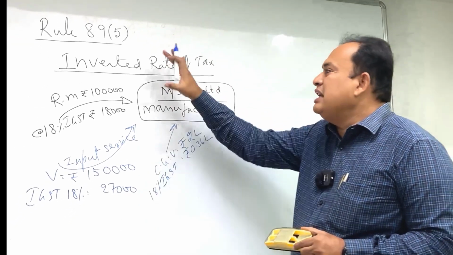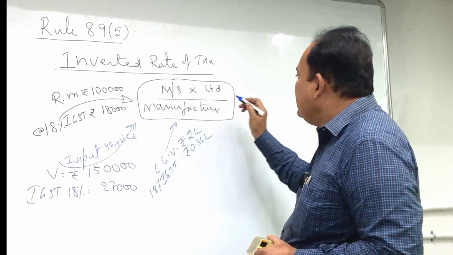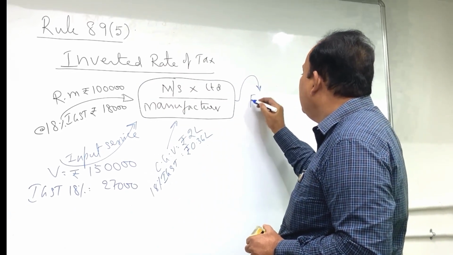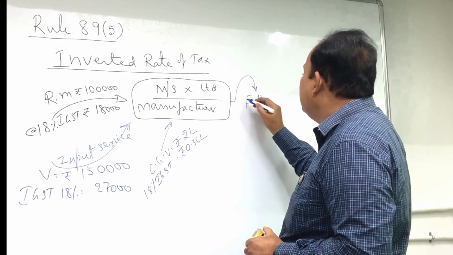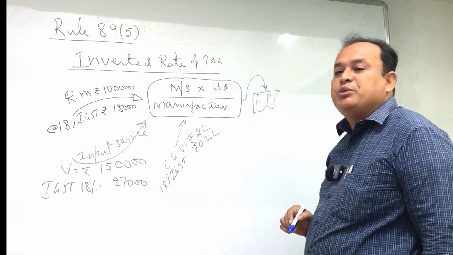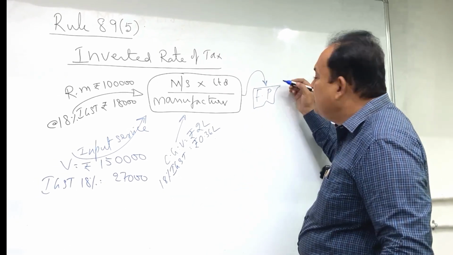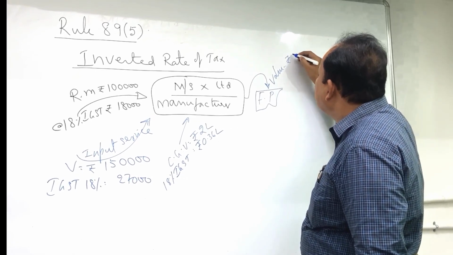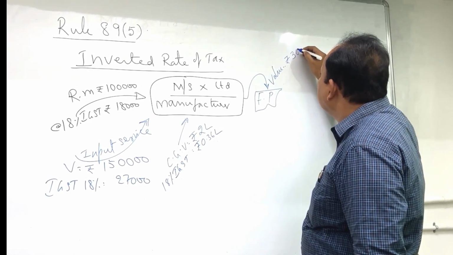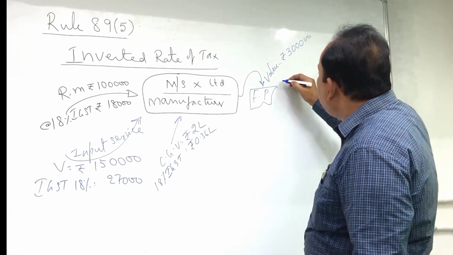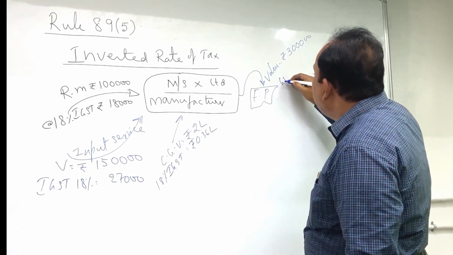So that is the way in which they have it, and after that they produce a finished product, a different product whose value, let us say, is 3 lakh rupees, and that GST they are liable to pay.